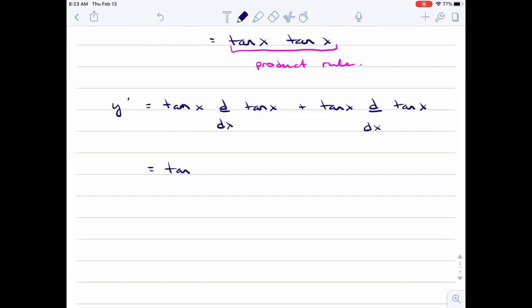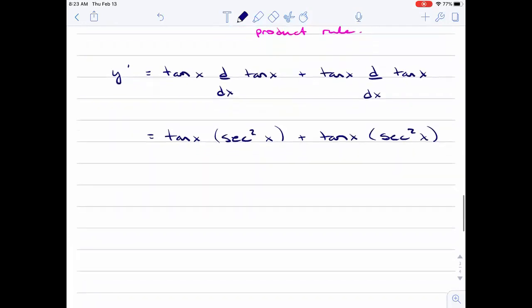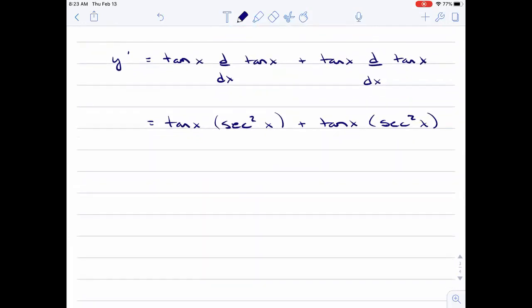Puts us at tan x times secant squared x, because the derivative of tan x is secant squared x, plus tan x times, again, secant squared x. Well, now I just have 2 tan x secant squared x.